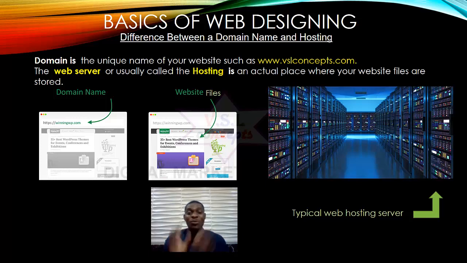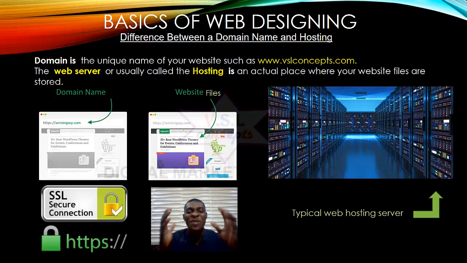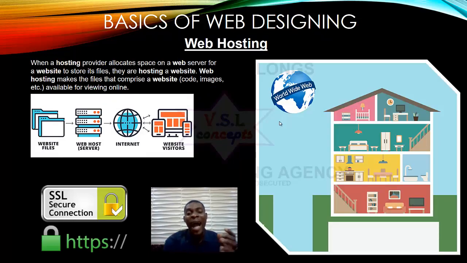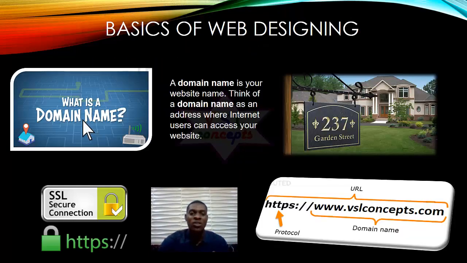A security guard. That is what we call the SSL security. We will be going into details understanding what all of this means. But I just want you to understand that the protocol is exactly how the files are transmitted. You see that this protocol here is HTTPS, security. Somewhat HTTP, no security.